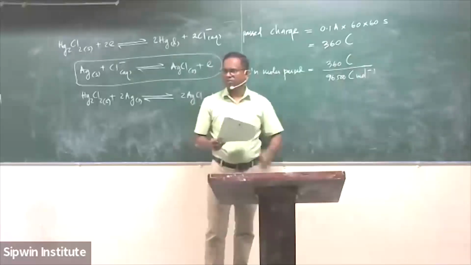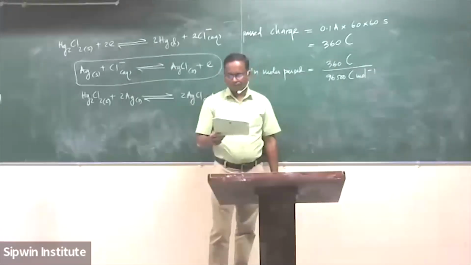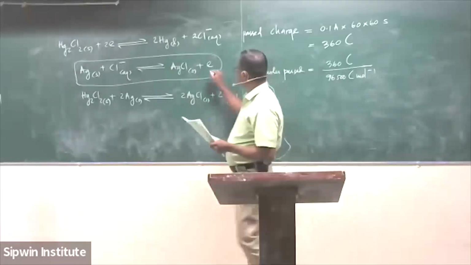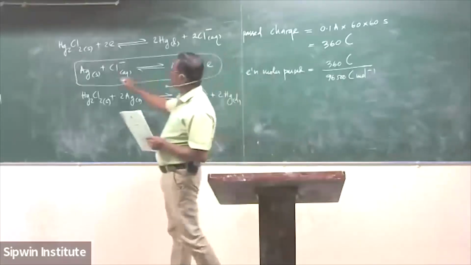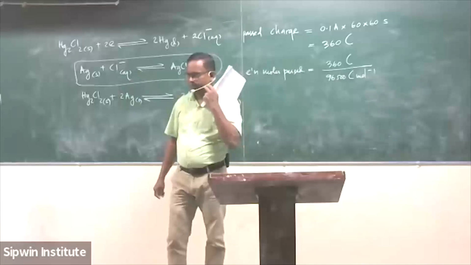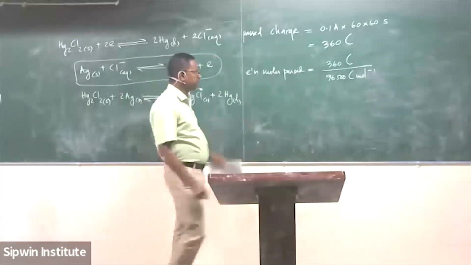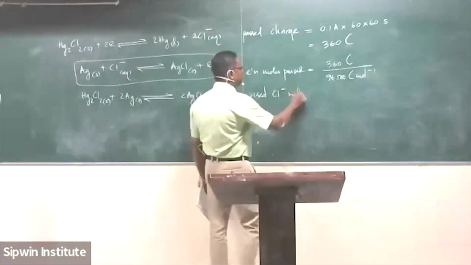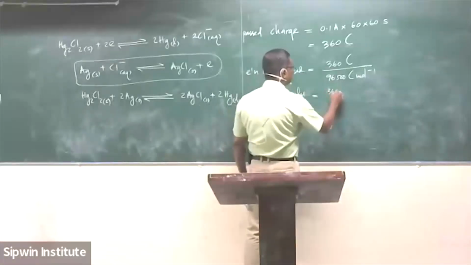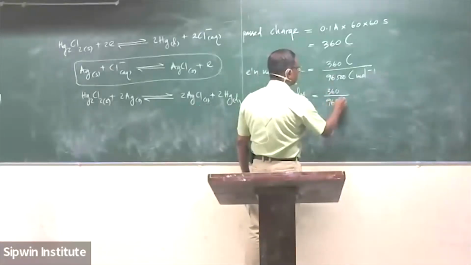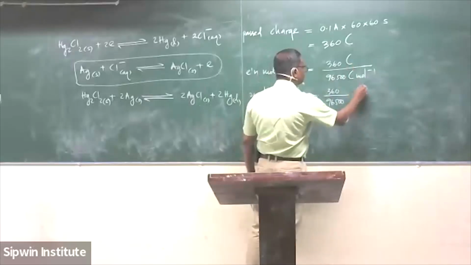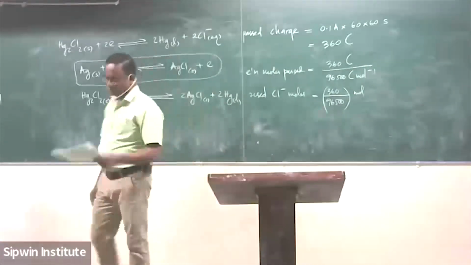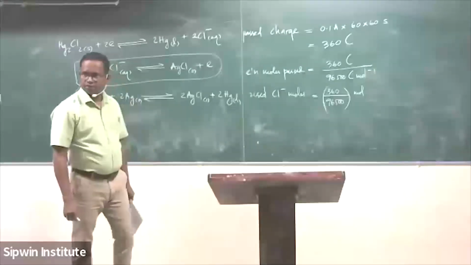If you know the moles of electrons, the moles of chloride used are the same. That many moles of chloride join with the silver and increase the mass.